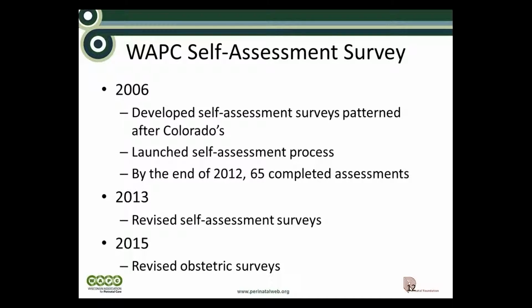In 2013, WAPC revised its self-assessment surveys based on the 2012 guidelines for perinatal care. And at this time, we separated the levels of care. Under the old system, the 2006 version, people completed one application and it combined the neonatal and the obstetric levels of service in one document.